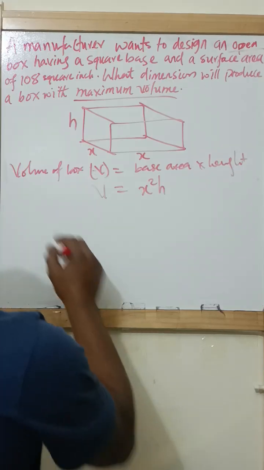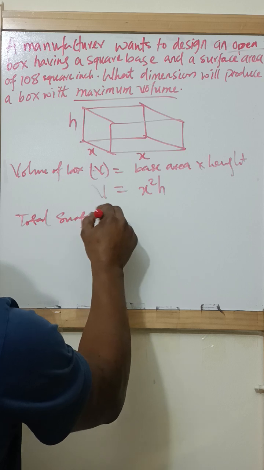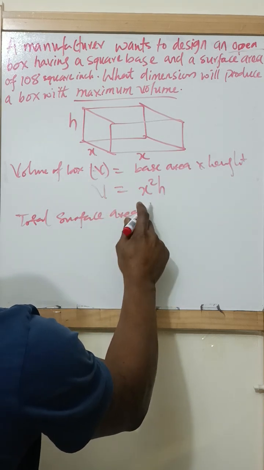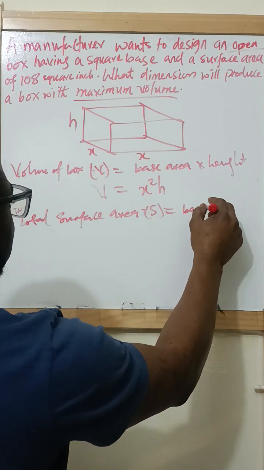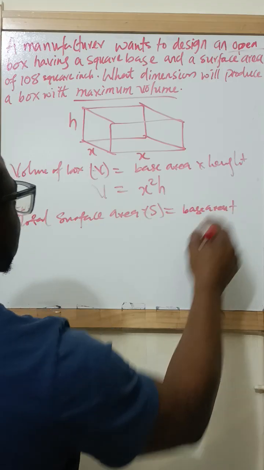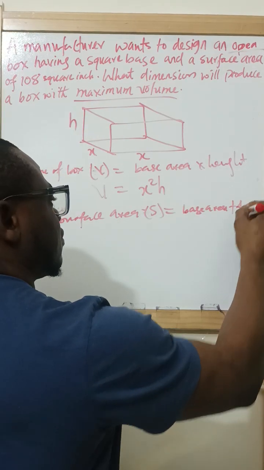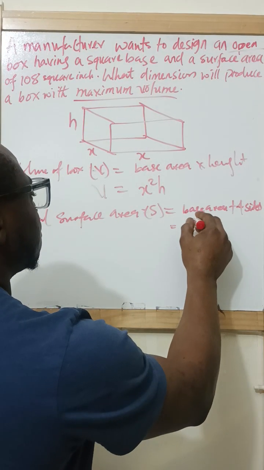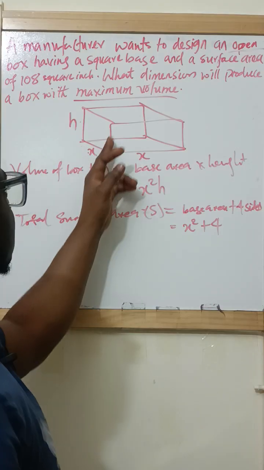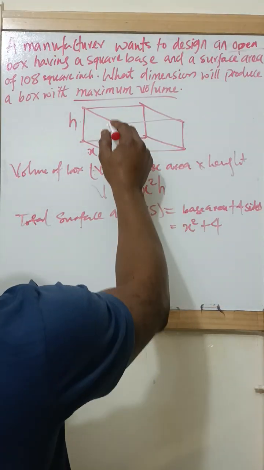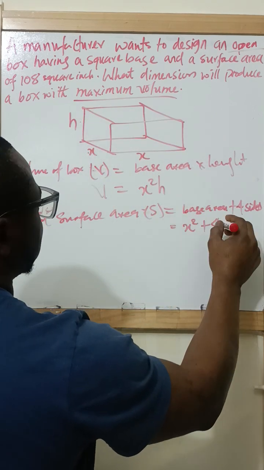Which means the total surface area, let's call it S, is the base area plus the four sides. The base area is x squared, while the four sides are what? x times h, x times h, x times h, x times h. The area of the base plus the sides. So that is x squared plus 4xh.